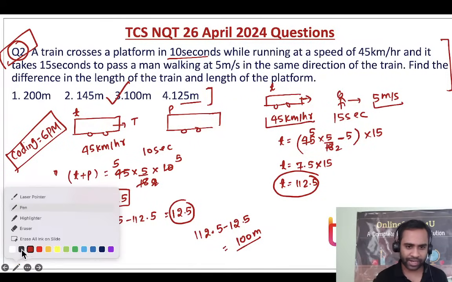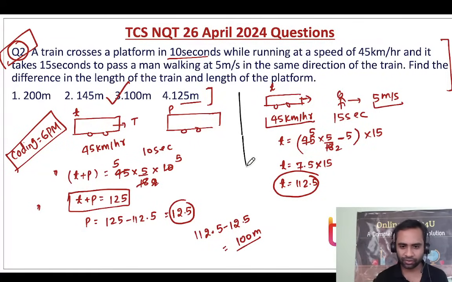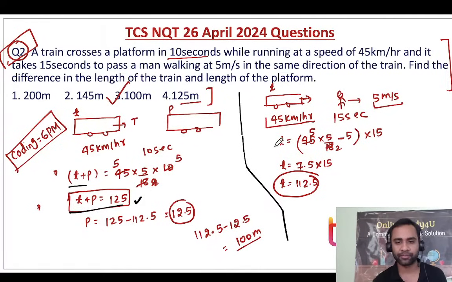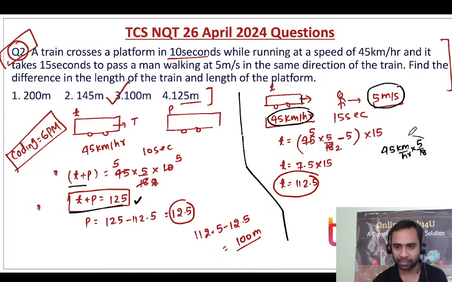See, when a train is crossing a platform, distance will be equal to speed into time. We got train plus platform length as 125. When a train is crossing a man, distance will be equal to speed into time. Now this is in kilometer per hour and this is in meter per second, so I converted 45 kilometer per hour to meter per second by multiplying with 5 by 18.